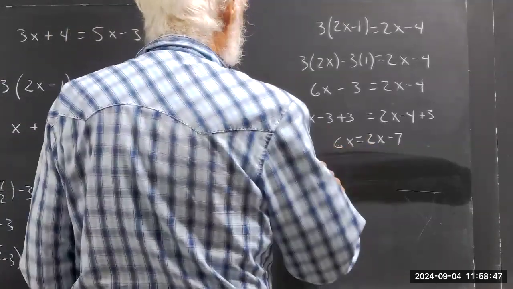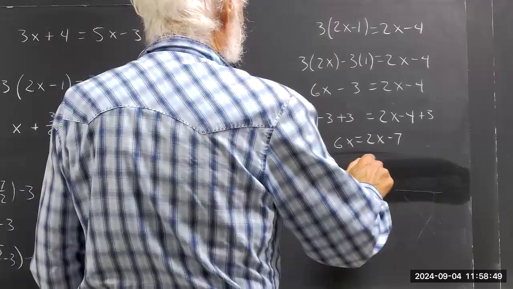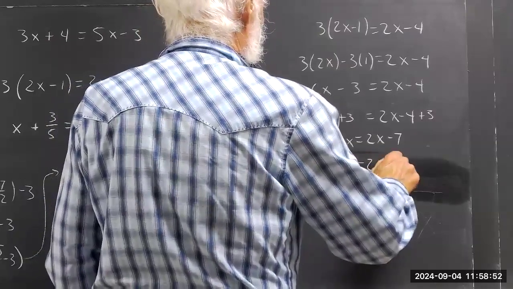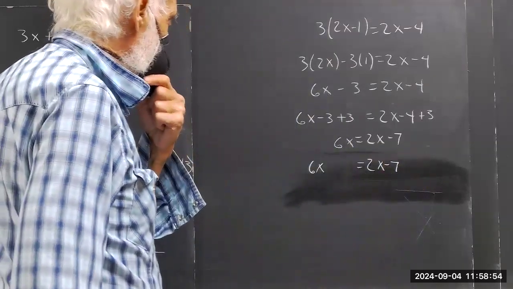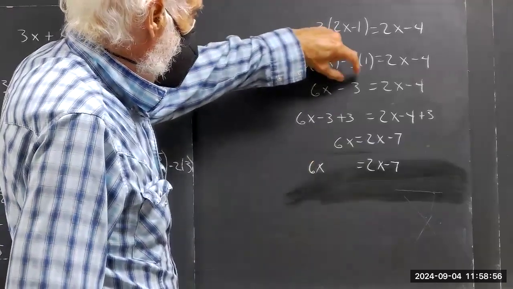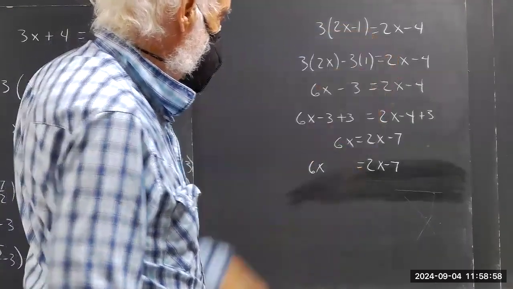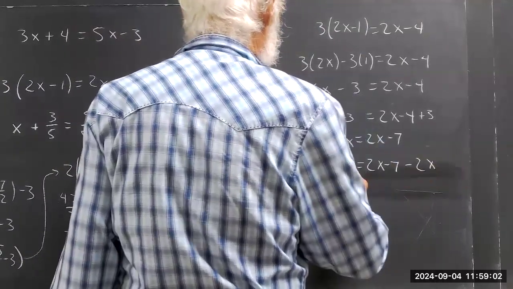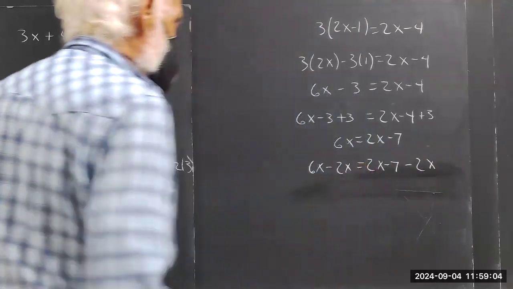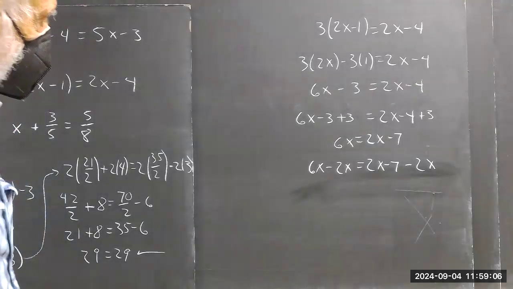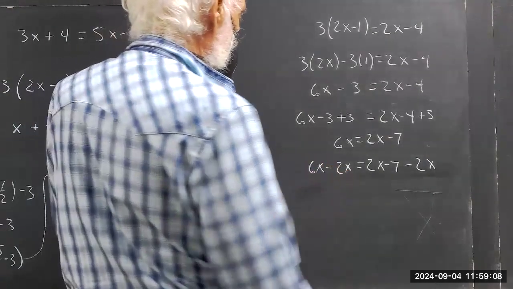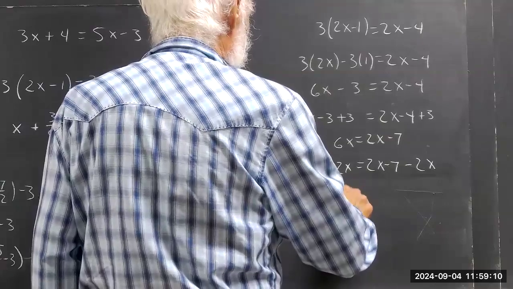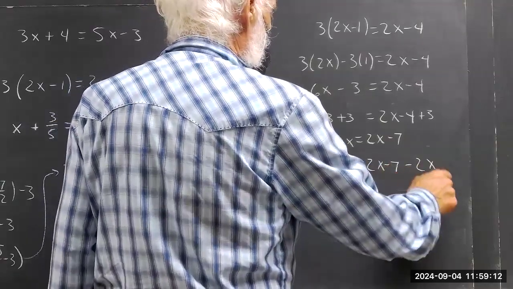I'm going to subtract the 2x from both sides. Because of course my goal here is to get rid of the numbers on this side and the x's on this side. So now I'm going to subtract 2x. And 6x minus 2x equals 4x. 2x minus 7 minus 2x.